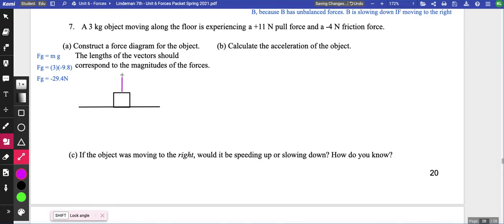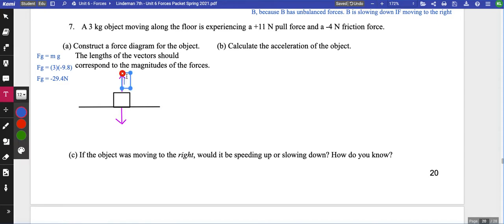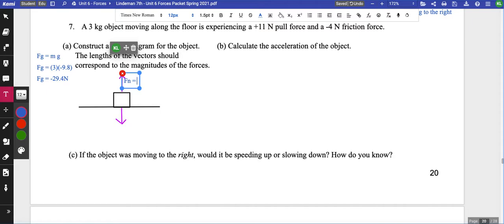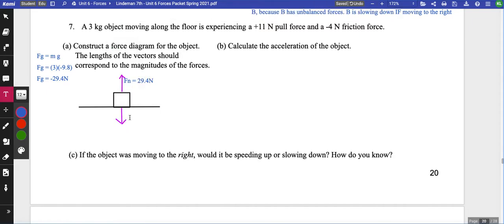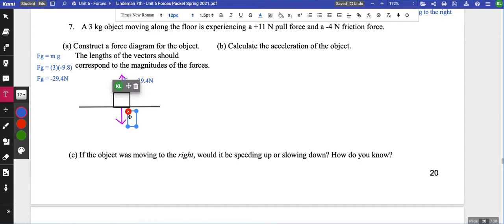If it's moving along a surface, that means that I have an Fn. So I'm just going to fill this out as I'm going through the problem. So Fn is equal to positive 29.4 newtons. Fg is equal to negative 29.4 newtons. Okay.